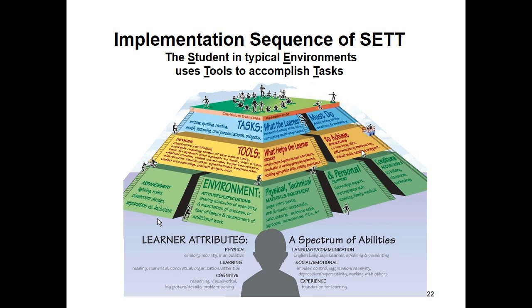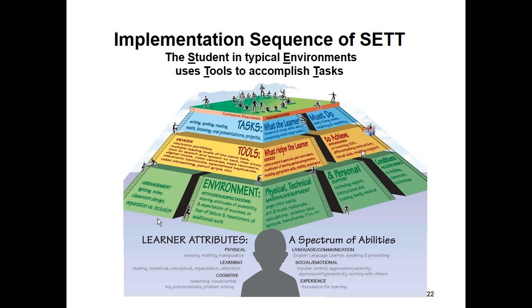On the bottom you have your learner attributes, your physical, learning, and cognitive pieces, their data information. You also have their spectrum of abilities, looking at language and communication, social networks, and social emotional, and your experience. That all forms the foundation of that individual. So that's the S of the SETT process.